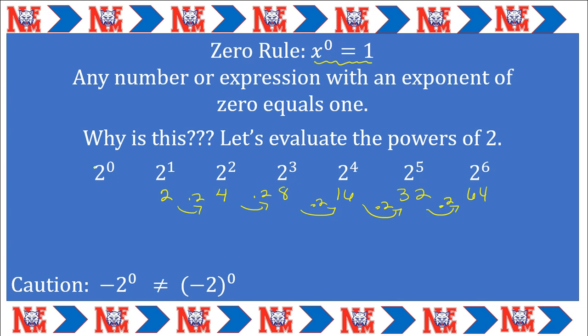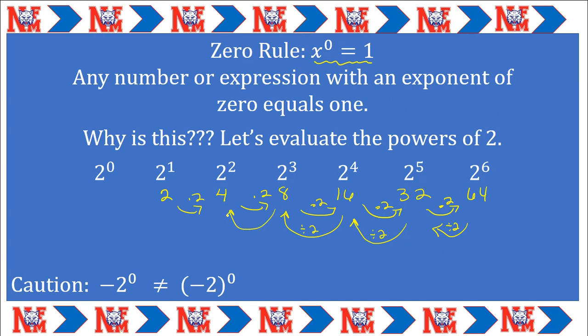Now, to understand why 2 to the 0 is 1, I want us to go backward and ask ourselves, how are we going from 64 to 32? So this time we're saying 64 divided by 2 gives me 32. And 32 divided by 2 gives me 16. And 16 divided by 2 gives me 8.